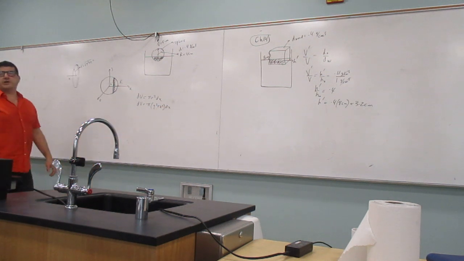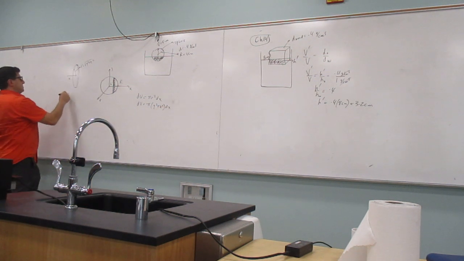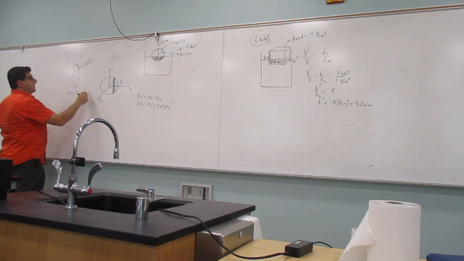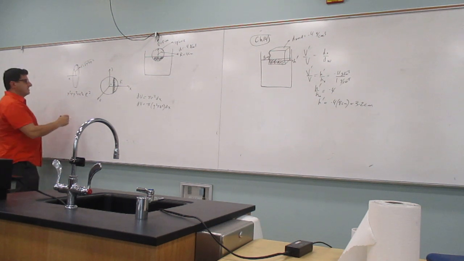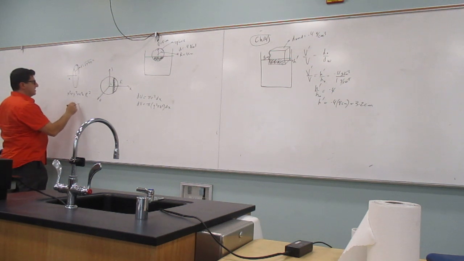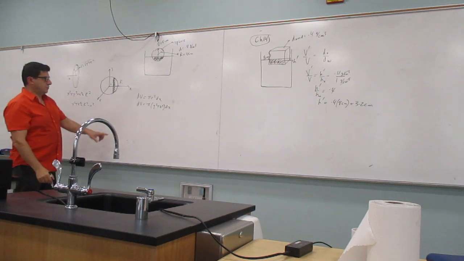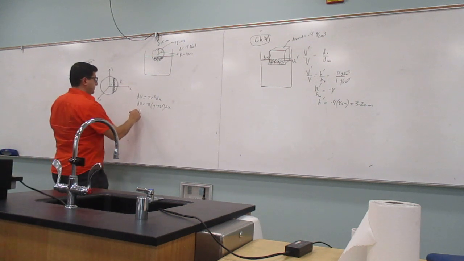Then we can use the equation of a sphere, that x squared plus y squared plus z squared is equal to the radius of the sphere squared. Then we can say y squared plus z squared is r squared minus x squared, and substitute that there.